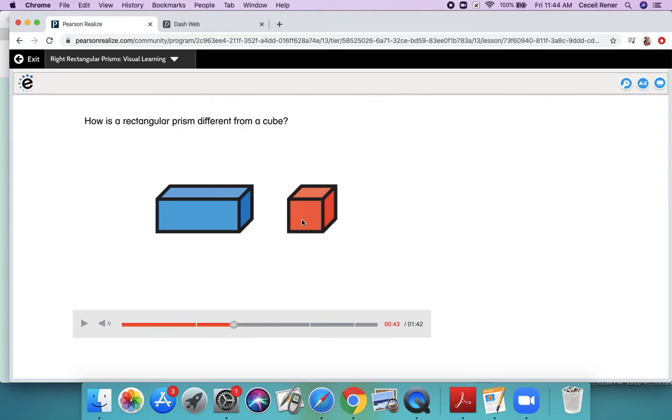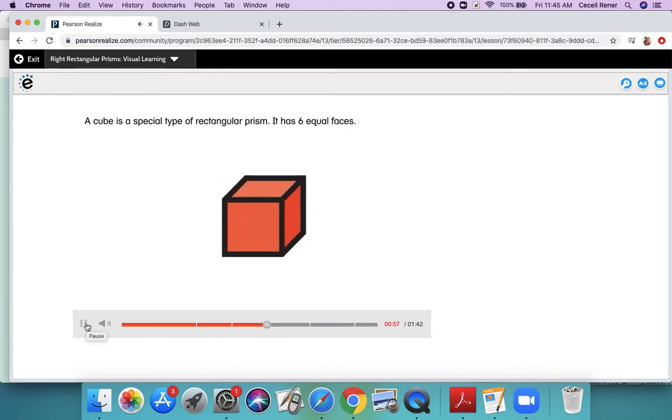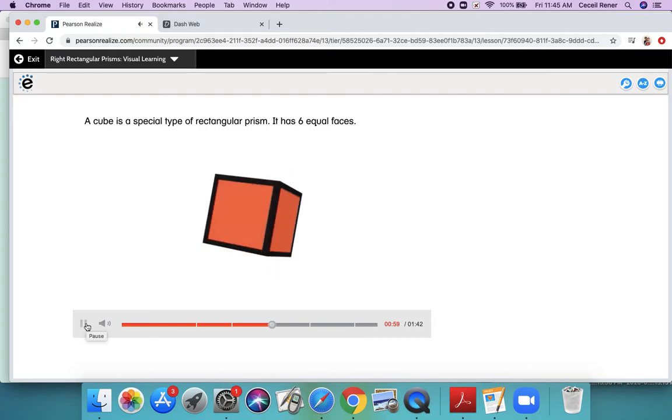In a cube, all the faces are what? They are all squares. So in a rectangular prism, the faces can be squares or rectangles. In a cube, all faces are squares. A cube is a special type of rectangular prism. It has 6 equal faces.